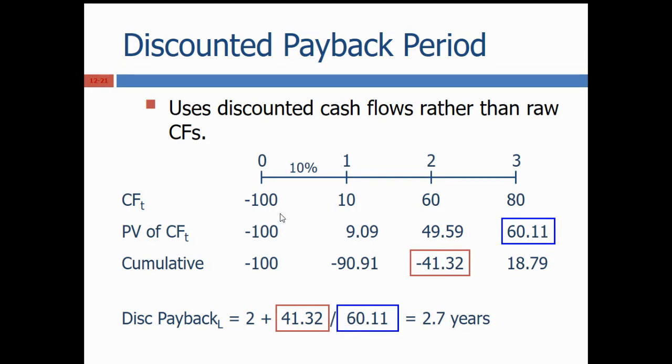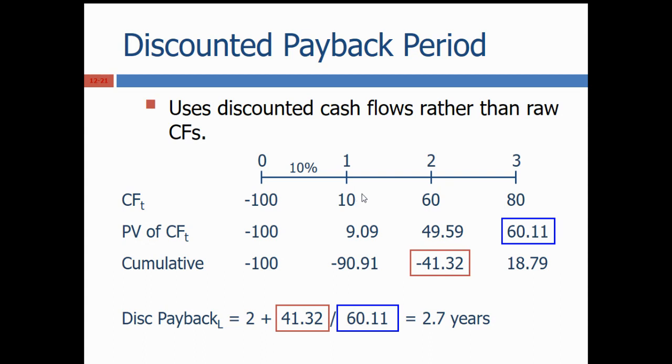How? Especially we're talking about the time value of money here. Previously you only had the cash flow, then you calculated the cumulative: 100 minus 10 you get 90, then you minus 60 you get 30. But now we're adding the present value of the cash flow. Present value means we are calculating the time value of money.